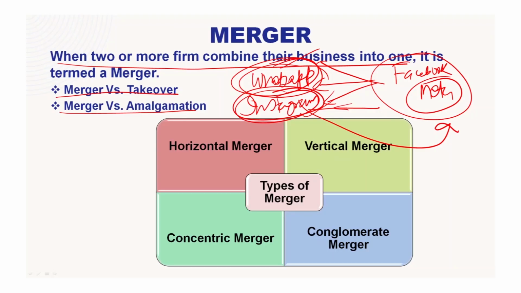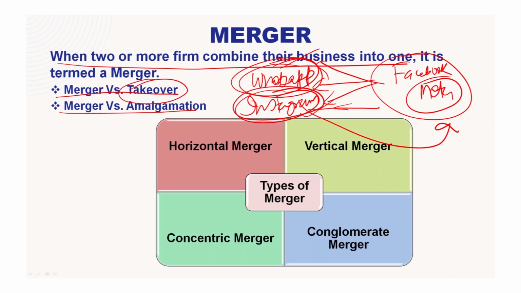This process is known as merger. These companies, WhatsApp and Instagram, merged as a single business, that is, the ownership was transferred to Facebook or Meta. Merger is something which is voluntary, based on the agreement of the two parties.